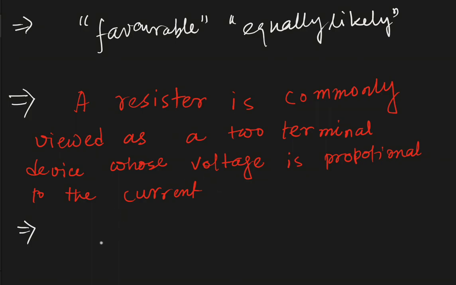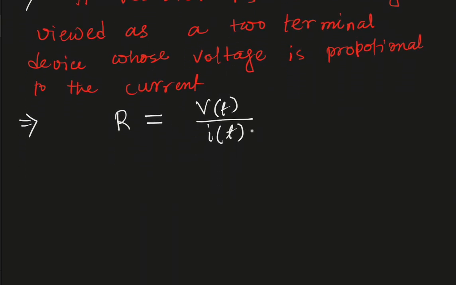So we always use the resistance R as the voltage V divided by the current I. This is a very simplified assumption we always use, but however this is a convenient way to represent the resistance.